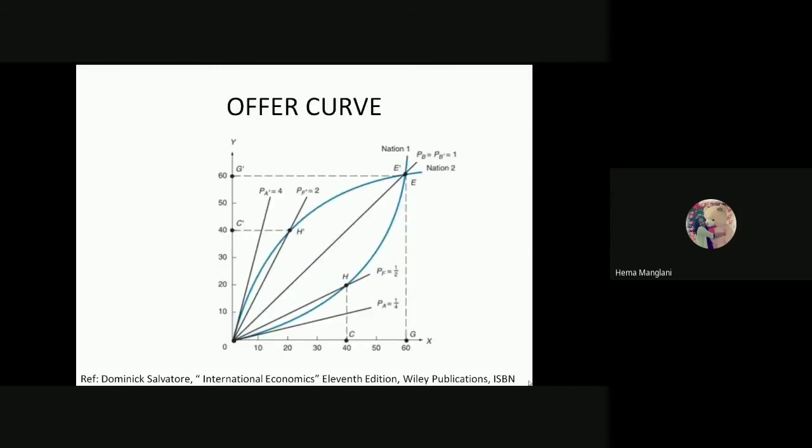Now, both offer curves would intersect with each other. So here we arrive from different terms of trade, and you got two blue offer curves out of it, and they are intersecting with each other at the points E and E dash.